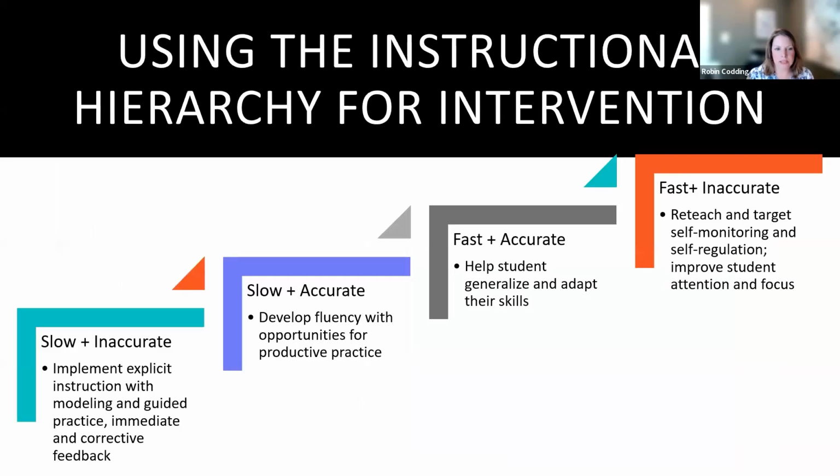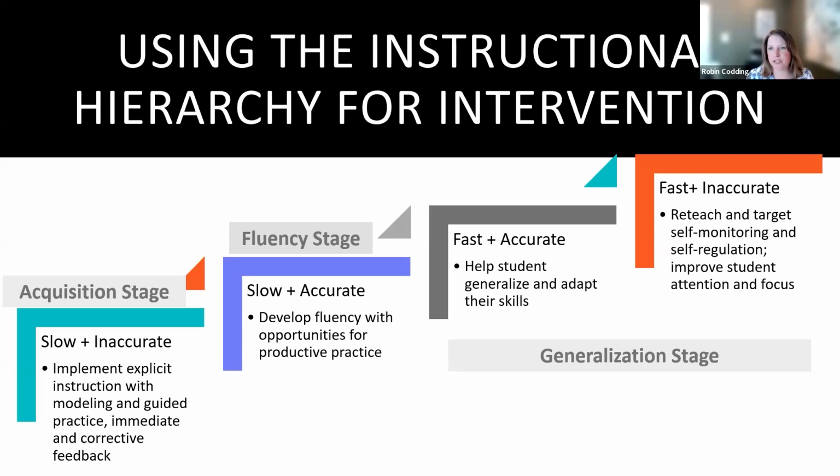So for example, I like to think about if students are slow and inaccurate, we are going to implement explicit instruction with modeling, guided practice, and immediate corrective feedback. That's for students in the acquisition stage. If students are displaying slow but accurate performance, we really want to help them develop fluency with opportunities for productive practice. So that's the fluency stage.